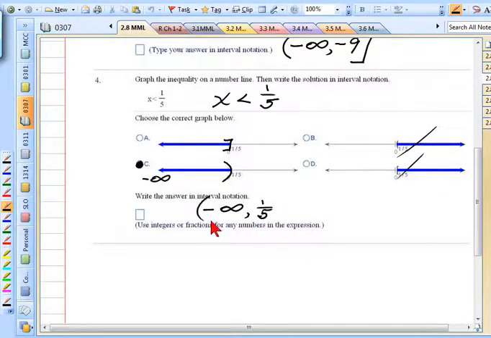Now, negative infinity gets a parentheses. 1/5, what does it get? Parentheses also. Why? Because it does not have equal as part of the symbol. Correct. Are you sort of okay?